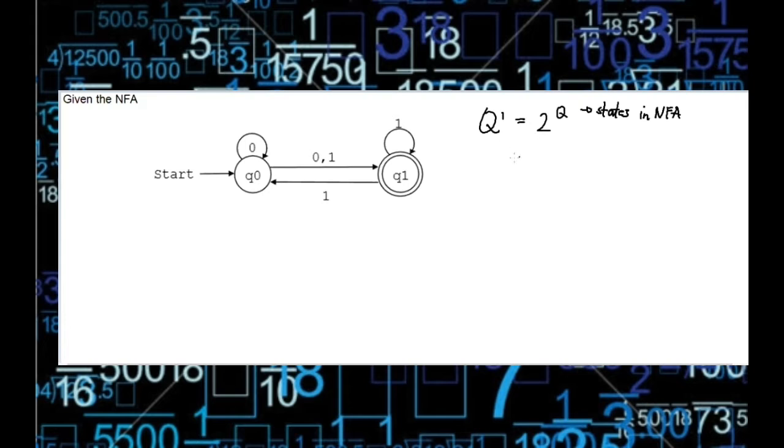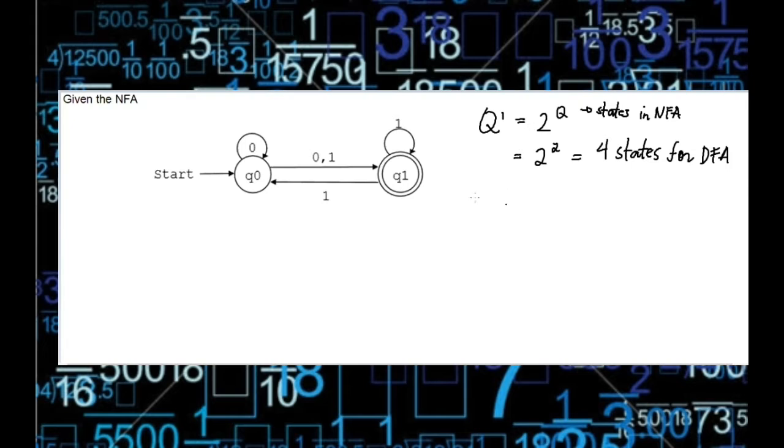Okay? So, if you will notice, in our given NFA, we have two states, Q0 and Q1. So, replace that Q power by 2. So, we have 4 states for our DFA. Applying the power set of a set, I have taught you about that already in our previous lesson.